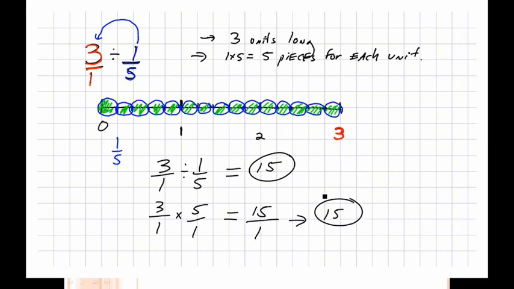If it's a whole number, that's how many units you need. That's how long your number line needs to be. If they're both unit fractions, then your number line only needs to be 1 unit long. But you determine how many segments to break each unit up into by multiplying the denominators of your fractions. So hopefully this has helped you get a better understanding of how to model division of fractions using a number line.